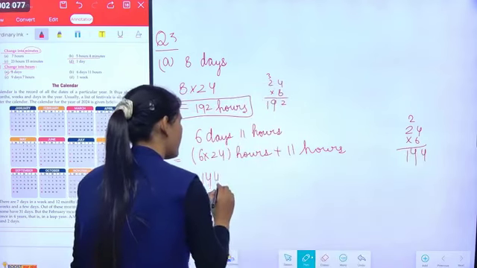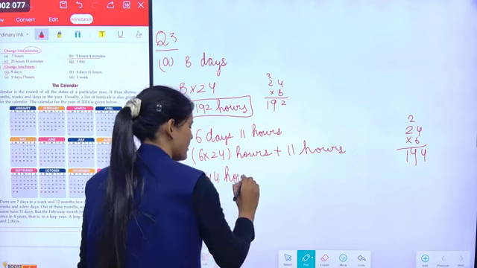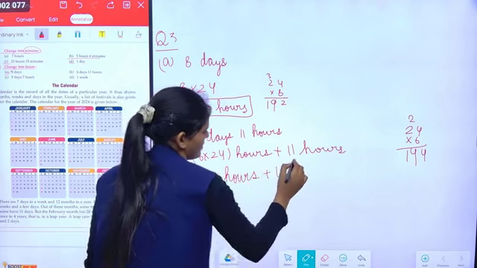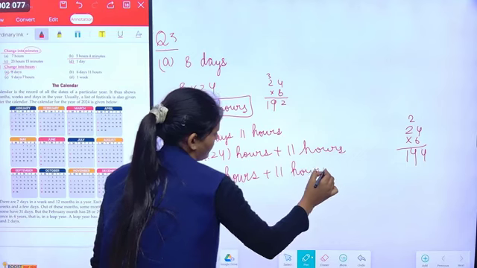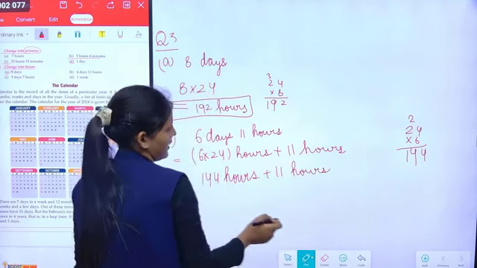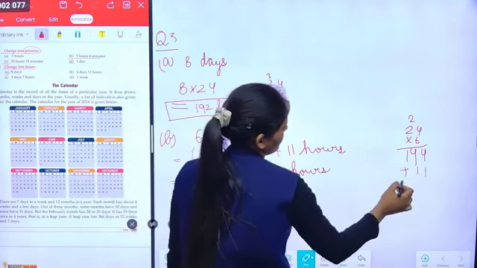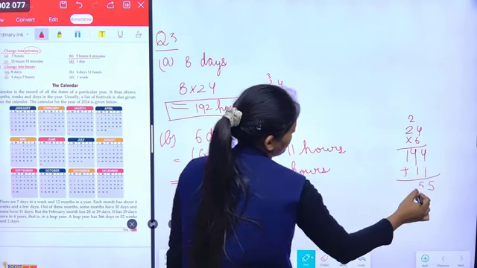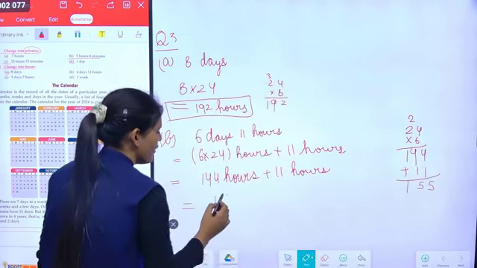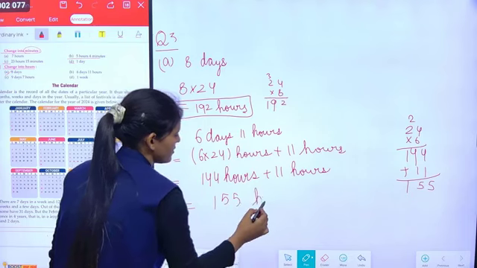So 144 hours plus 11 hours. 4 plus 1 is 5, so 155 hours total.